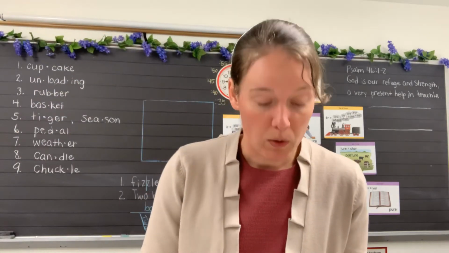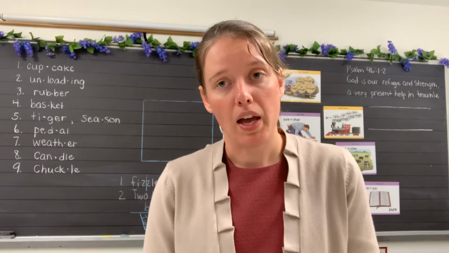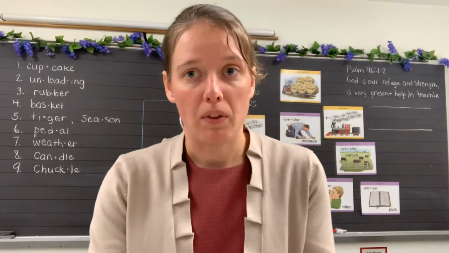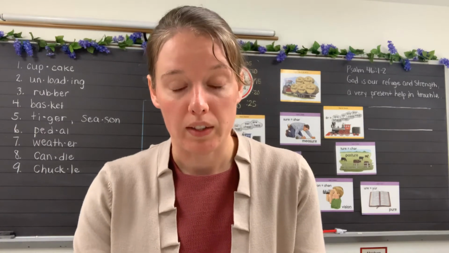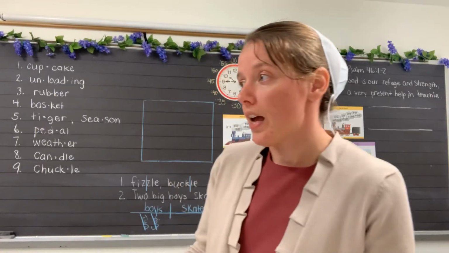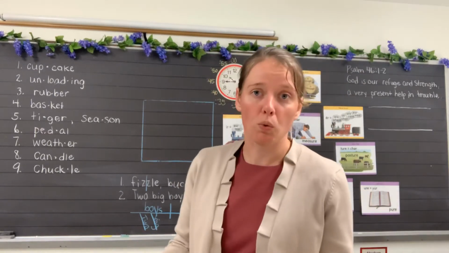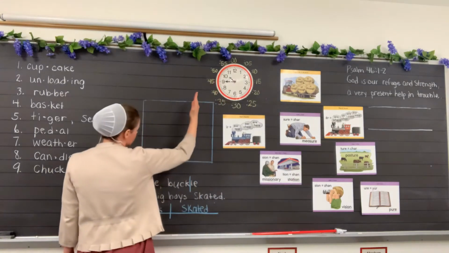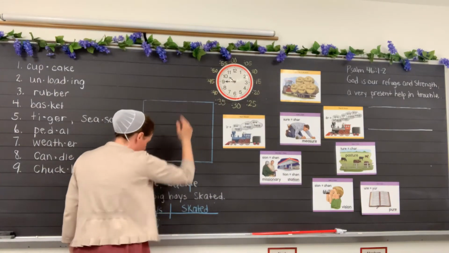So we will discuss what the heading is. Now, the heading is just simply the date, the day that you're writing the friendly letter. Okay, so let's say today is March 24th, 2020. So it goes in the upper right corner.